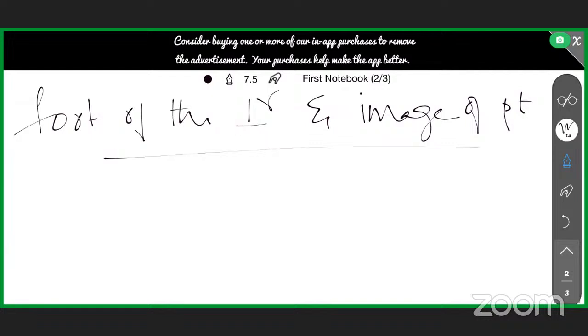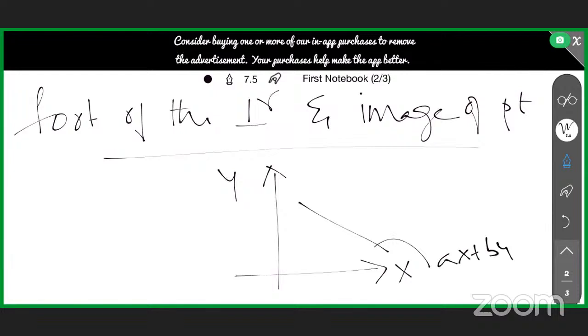Now, some of these things we also discussed in basics of 2D geometry. Now, this is my x and y axis, and there is one line here. Ax plus by plus c is equal to 0.